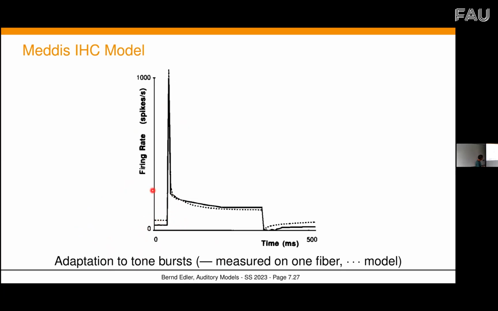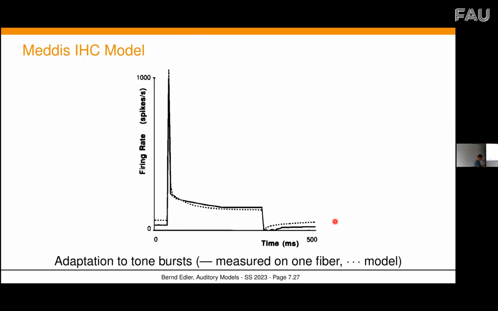At the beginning, at the onset, there's a quite strong peak of firing rate, and then it decays with this effect. And once the tone is switched off, for a short time you have almost no neural activity, and then it goes back to the spontaneous rate. And again, there's quite a good similarity of both temporal behaviors.